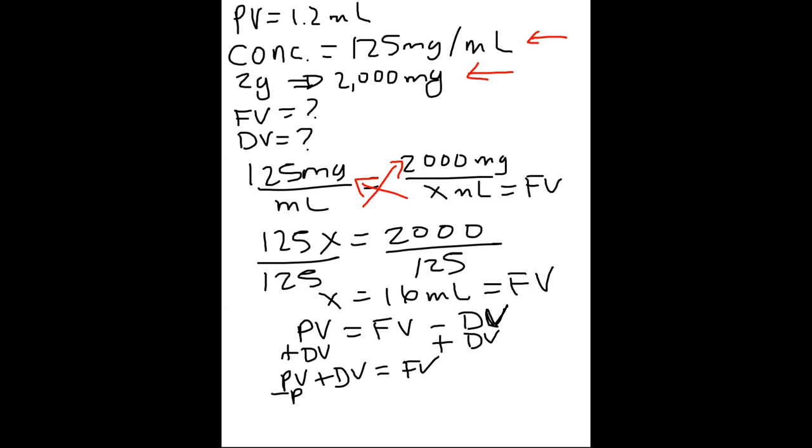Now we need to subtract PV on both sides. So our diluent volume is equal to our final volume minus our powdered volume. That gives us that our final volume was 16 mLs minus our powdered volume, which was 1.2 mLs.